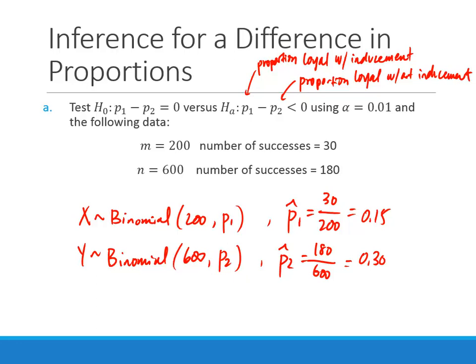Okay, and while we're at it here, let's calculate our P hat, which is sort of our overall proportion here. That's 30 plus 180 over 200 plus 600, which is 0.2625.